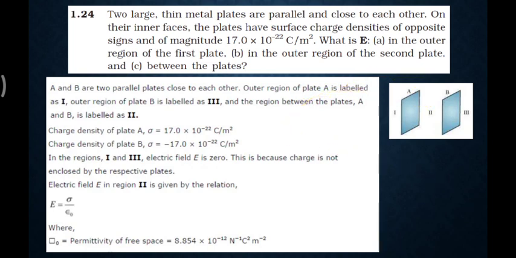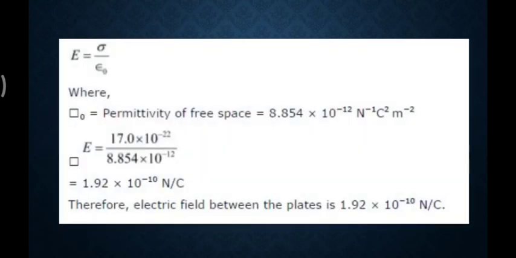So in the outer regions 1 and 3, the electric field is 0, because the charge is not enclosed by those plates. The electric field can be in the second region because it is inside a system of charge. So there the electric field E is equal to sigma upon epsilon 0, and sigma is given as 17 times 10 to the power minus 22, and epsilon 0 you know, so it is easy for you.